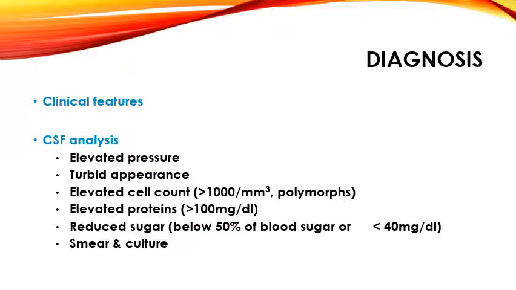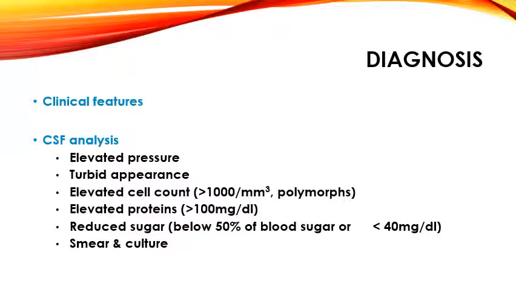Therefore, concomitant with or before performing the LP, you should have a blood sugar tested. Say if the blood sugar is 100 and your CSF sugar is 40, that is below 50% of the blood sugar levels, then it becomes significant.